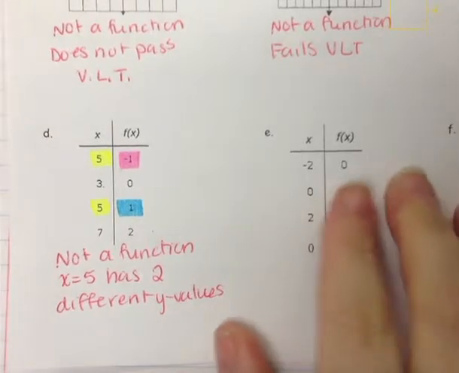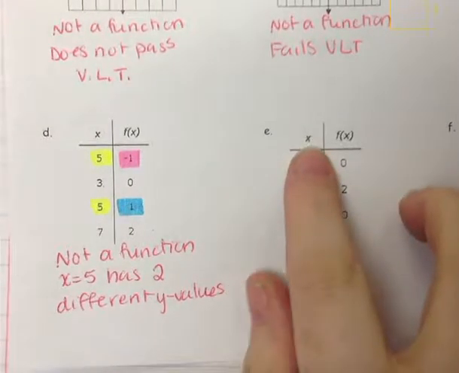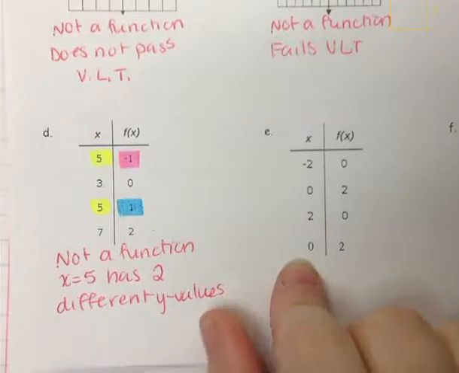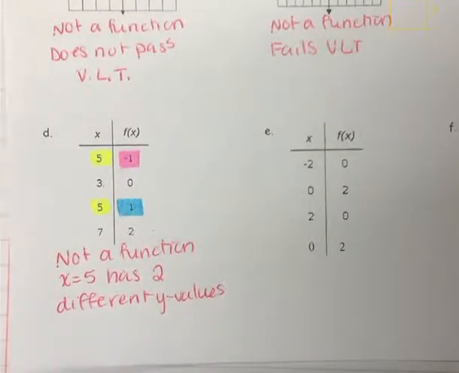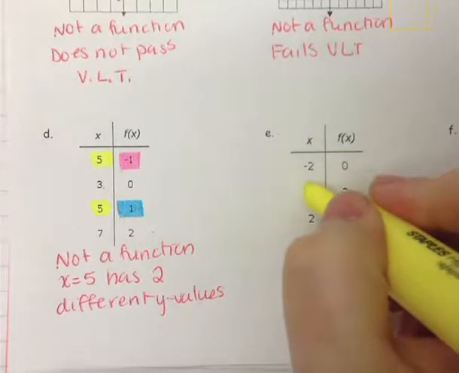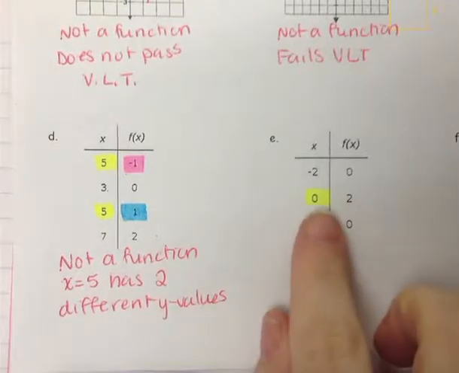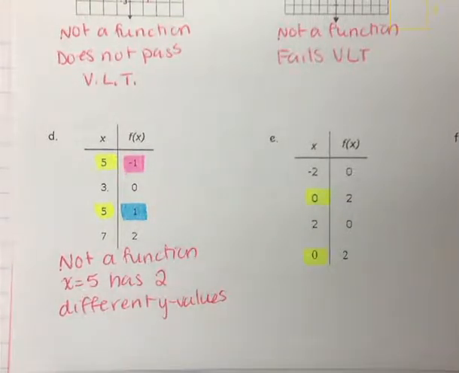On this next example, we again have a table, so we look at the x values. We have -2, 0, +2, and 0 again. So we again have repeating x values. I'm going to highlight those, because those are the repeating values. And then we look at the y's for them. So this first 0 has a y value of +2.